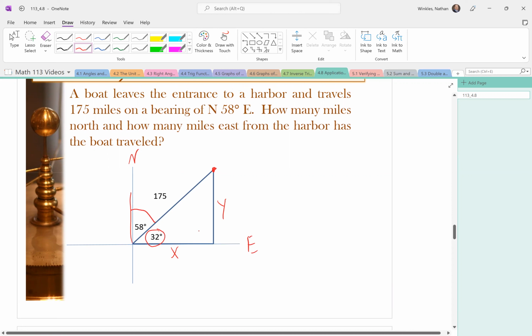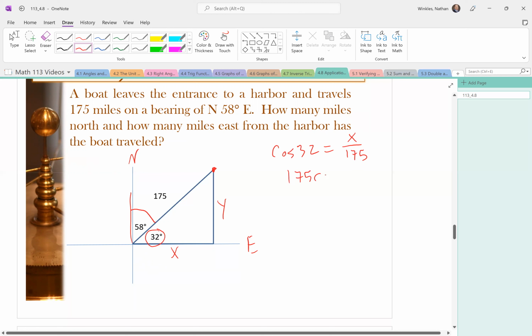For those of you that have to take physics, eventually this will be a case where you'll be breaking this down into the X and Y components. A lot of times you deal with force inside of physics there. So to find my X, we're going to use this 32. We're going to say cosine 32 is equal to X over 175.